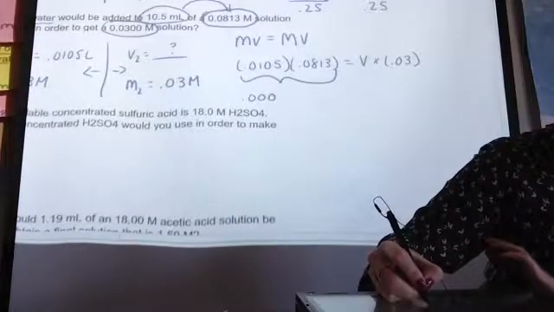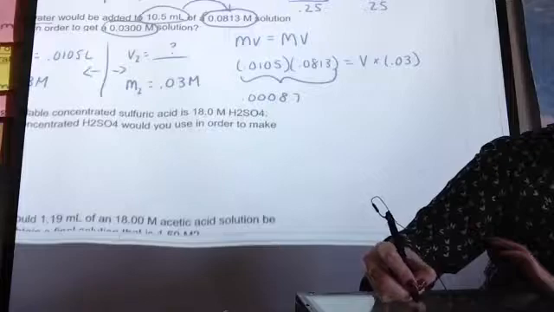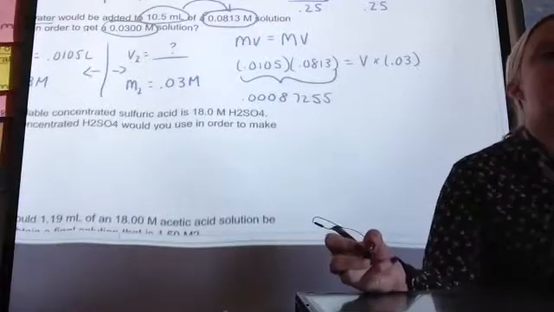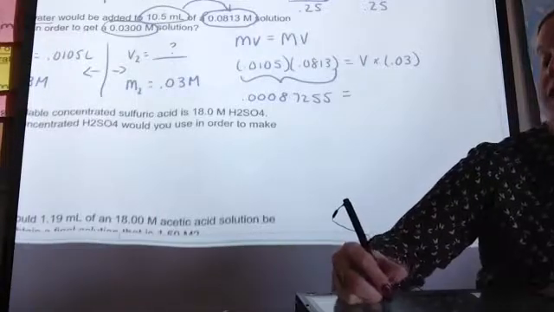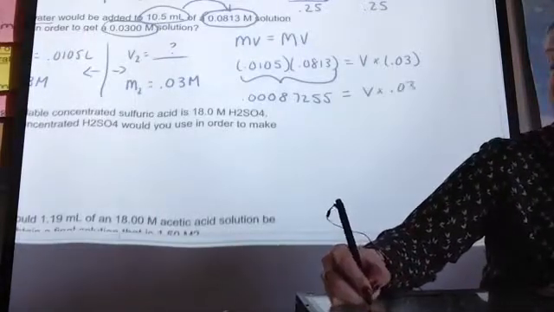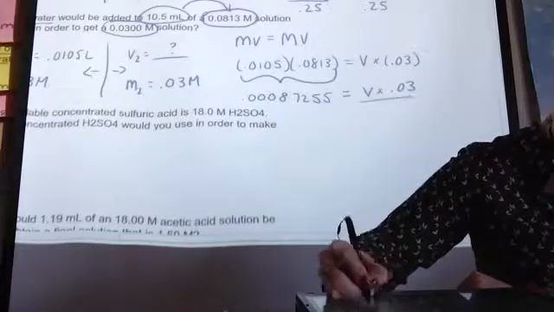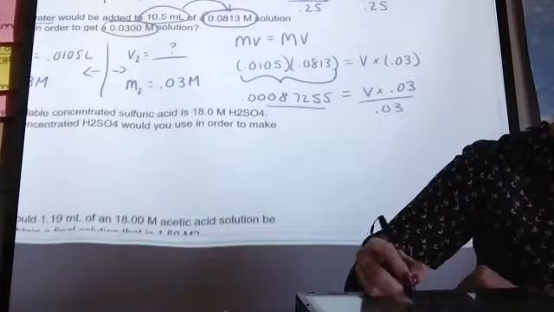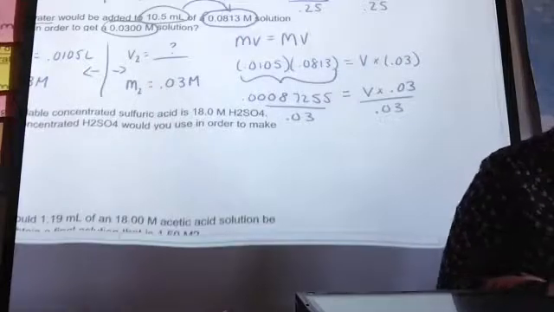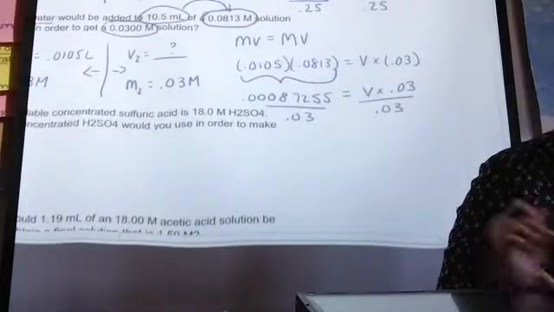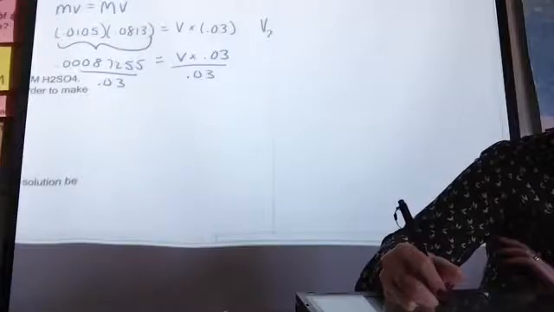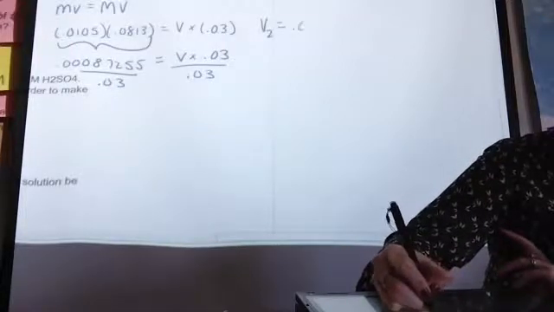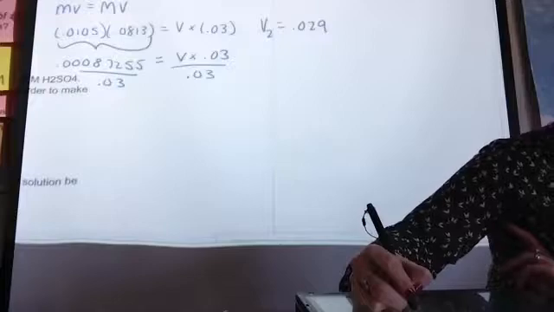And I get a nice long number, which you won't have to write out because you can just simply press divide in your calculator. Then I divide both sides by 0.03. And my final volume is going to be 0.029 liters.